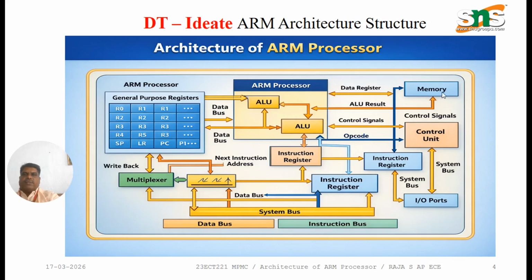The memory is used to store the currently running data, and the various control units used in the ARM processor are read logic, control logic and write logic. Then some input output ports are available. In order to perform any instruction, registers are used, and the ARM processor consists of a data bus, system bus and instruction bus. The multiplexer is used to get input of various data and deliver output only to a particular medium.